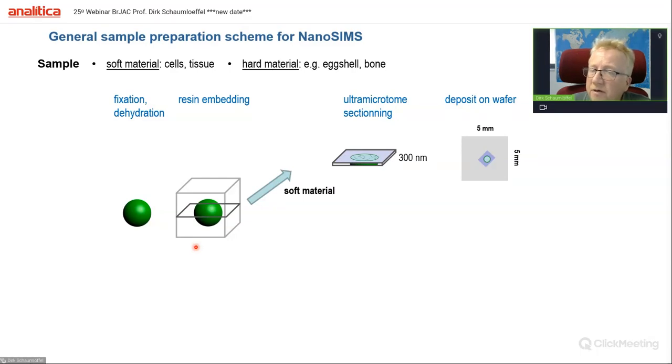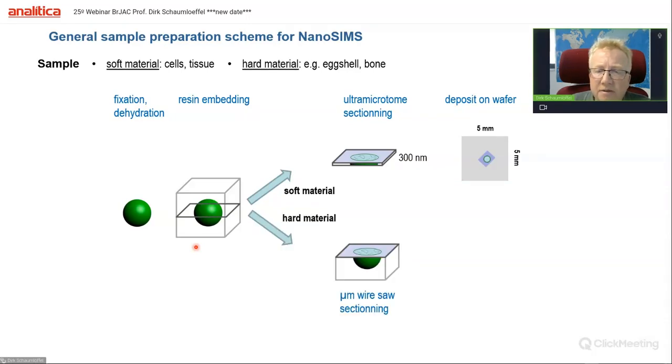But on this wafer, we have very small sections of the sample. If it's a hard material, like for example a bone, we are doing not an ultra microtome section, it's not possible for this hard material, but we use a micrometer wire saw for sectioning. And then the surface needs to be polished because we have to have a really very flat surface. And we need a gold coating.